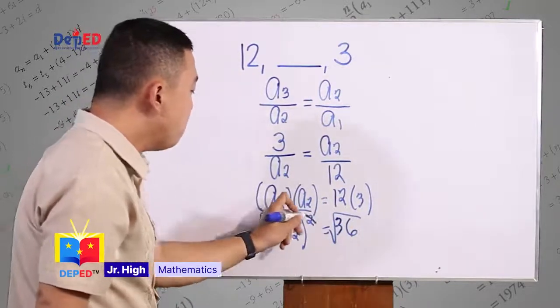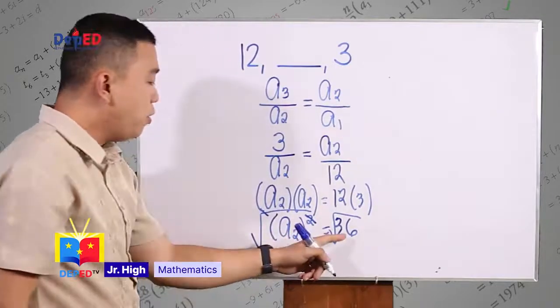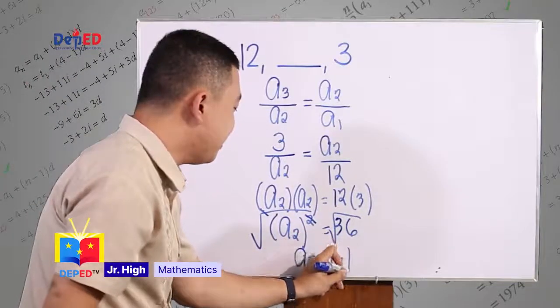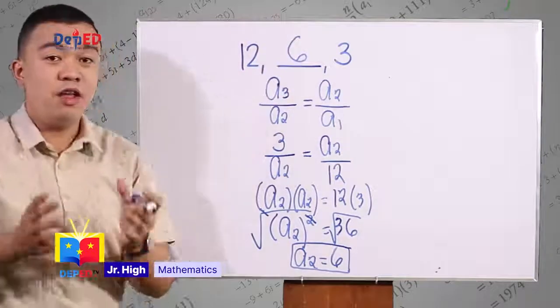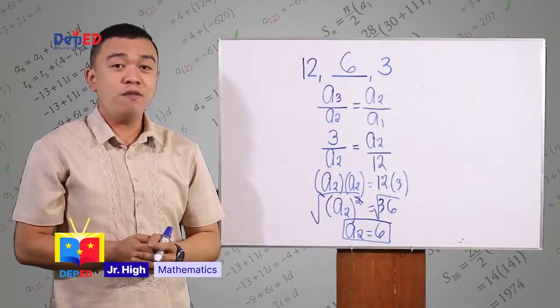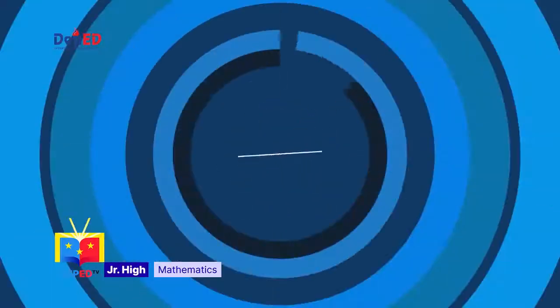What's left will be a sub 2, and the square root of 36 is 6. Thus, the geometric mean or the second term of the geometric sequence is 6.